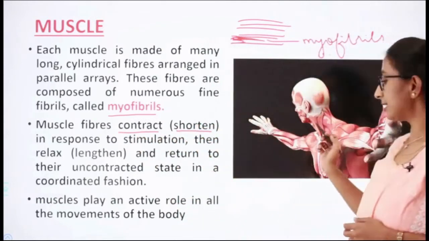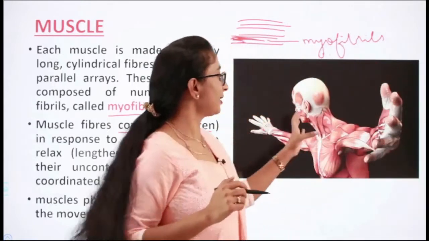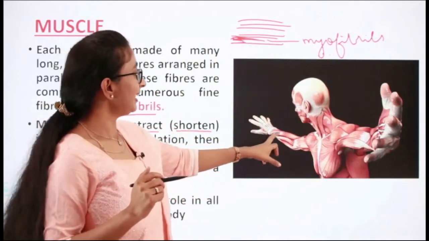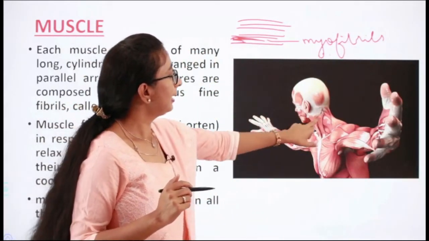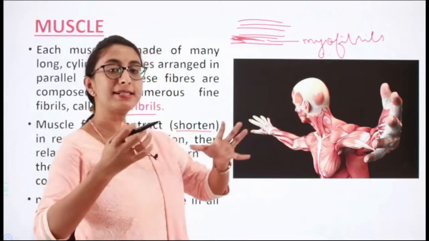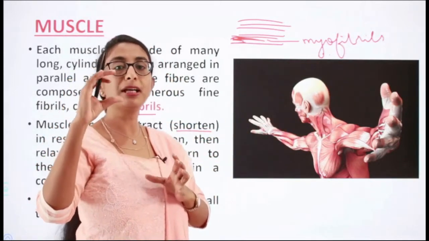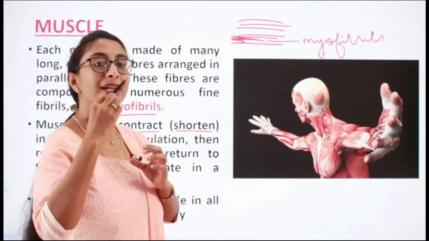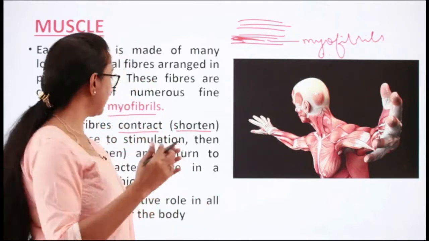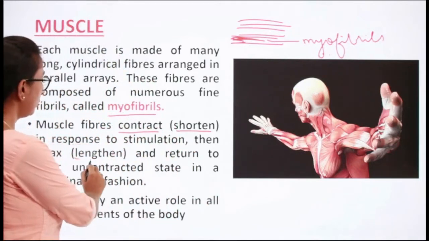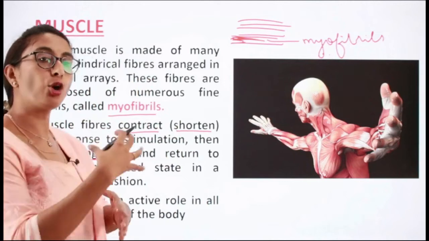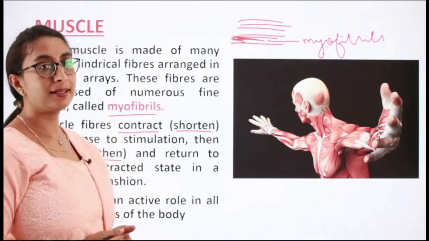Here you can see this person, he is so muscular, right? These are the muscles. Whenever the muscles contract, they will shorten and become much shorter, whereas when they return to the relaxed state, they go back to their normal length once again.